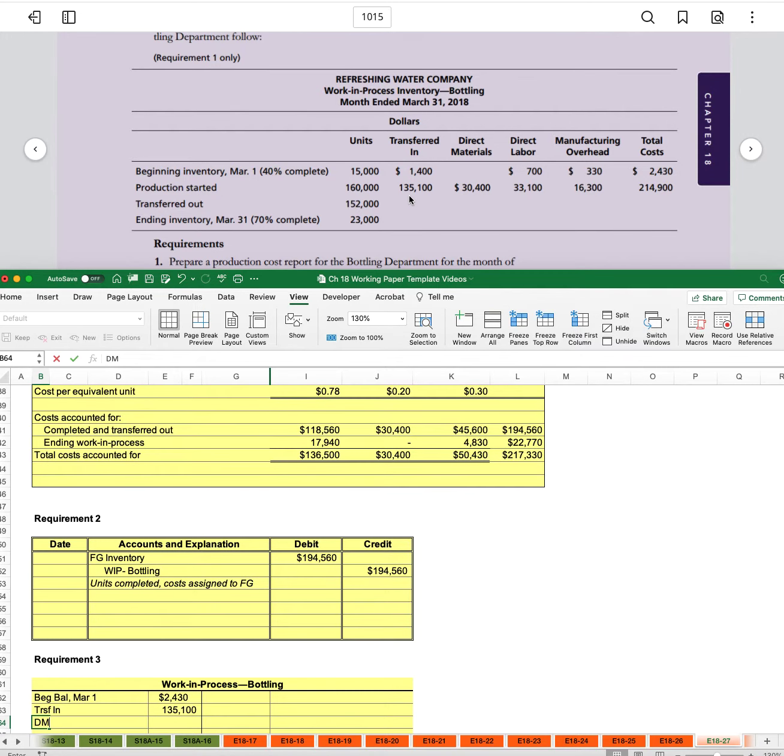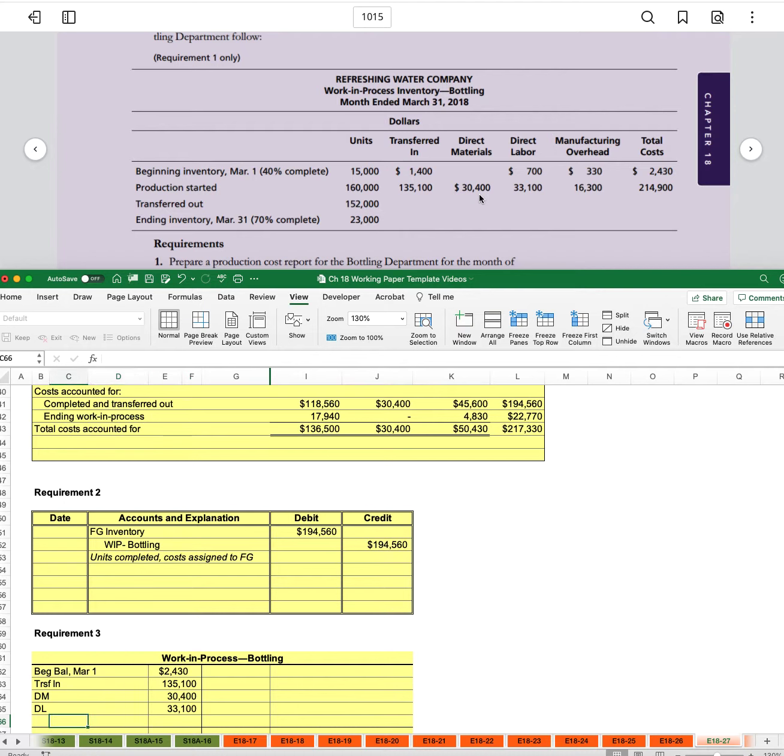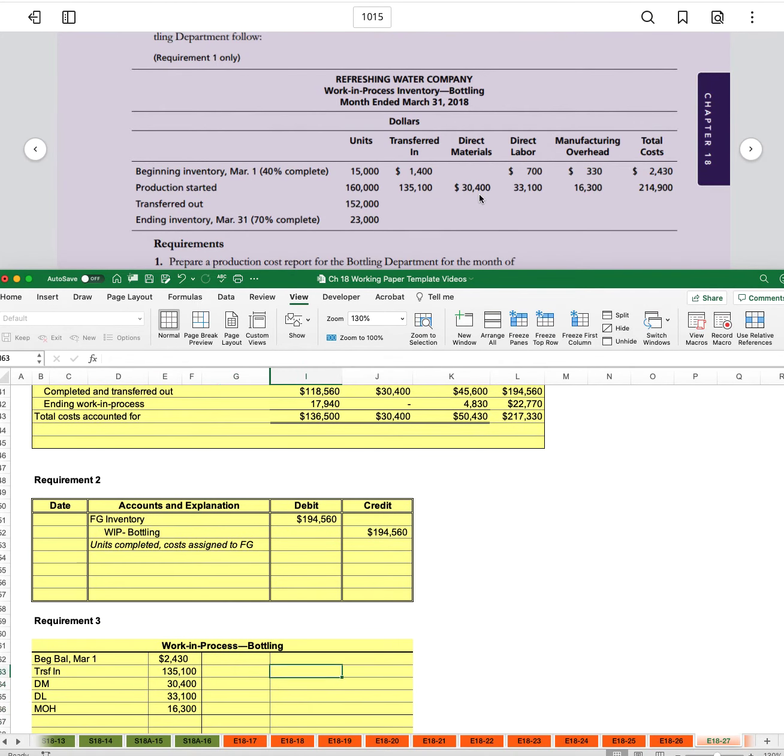We have to look at direct materials and direct labor. So direct materials, 30,400, direct labor, 33,100, manufacturing overhead, 16,300. Then on the credit end of things, we have transferred to finished goods.